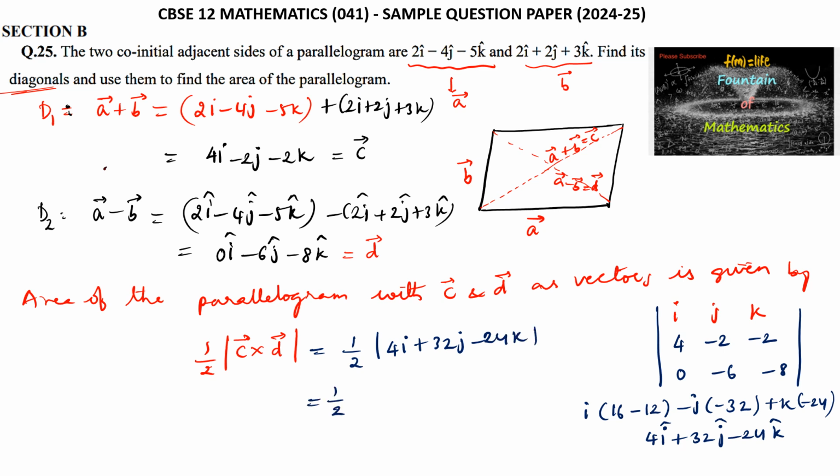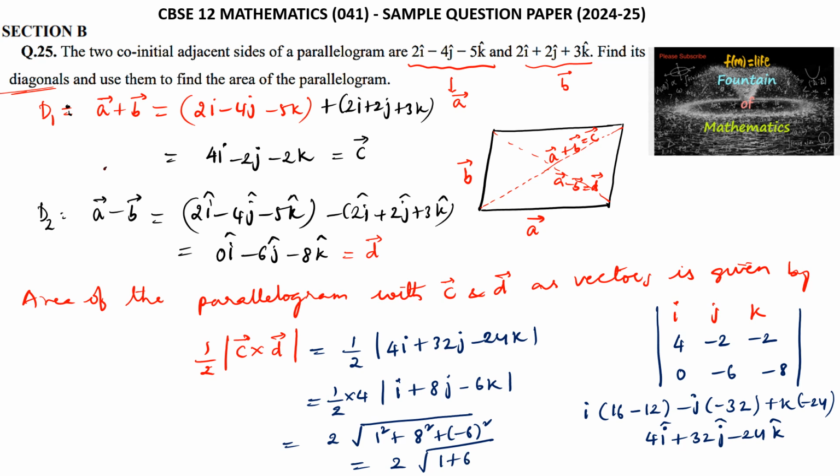You can take 4 common outside, i plus 8j minus 6k. That is 4 upon 2 is 2 under root of 1 square plus 8 square plus minus 6 whole square. That is 2 under root of 1 plus 64 plus 36. That is 2 under root of 101 square units. So 2 root 101 square units is the answer for this question.